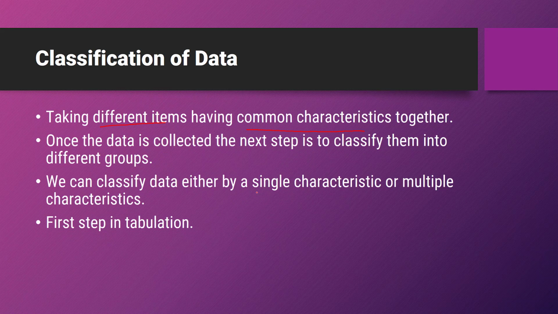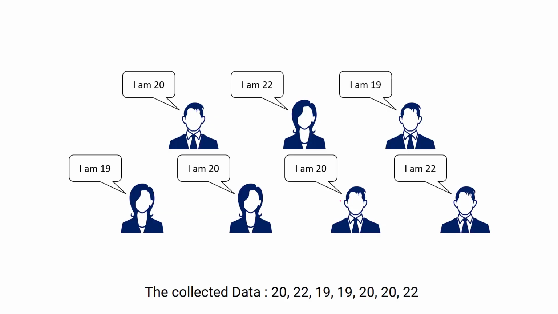Now classification can be either with respect to a single characteristic, or you can classify the same data set according to multiple characteristics, right? So this classification is the first step of tabulation. That means to make a statistical table, you have to classify your data into different groups, either according to a single characteristic or according to multiple characteristics.